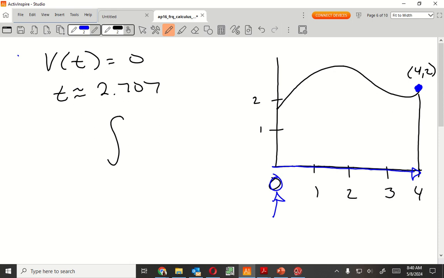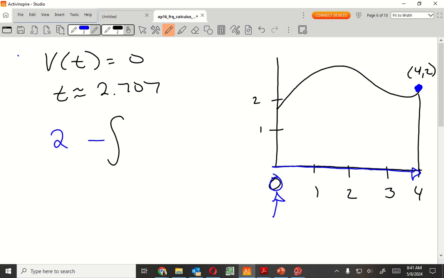Because I'm finding the integral right here, so I'm subtracting because I know the velocity to get here, but I need to find the position, which is going to be the antiderivative of the velocity. So my starting point is up there at 2.